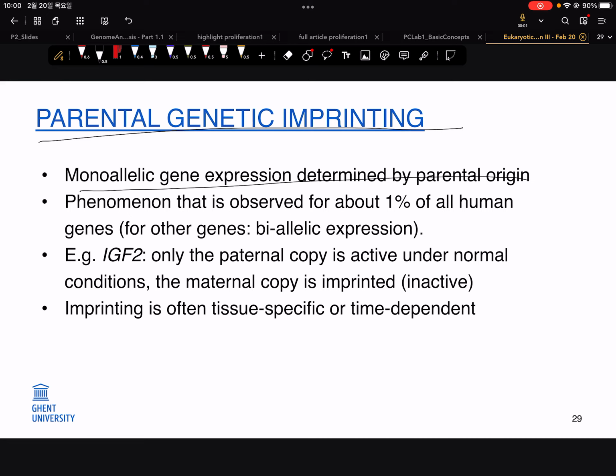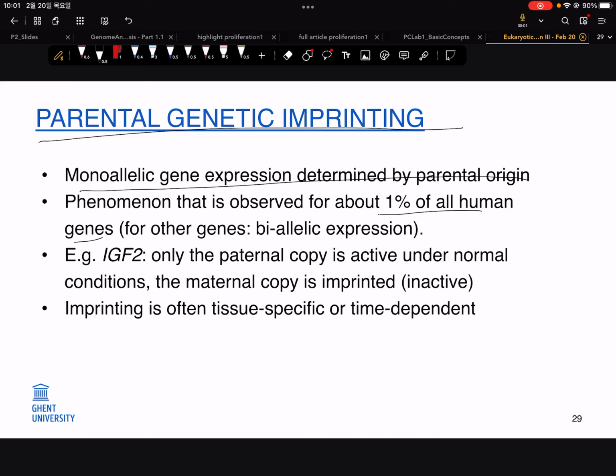We have 2 alleles for every gene, and usually both alleles are active and expressed. But 1% of the human genes show parental genetic imprinting. One of both alleles is active, the other one is inactive.